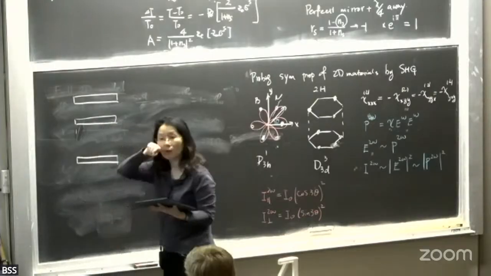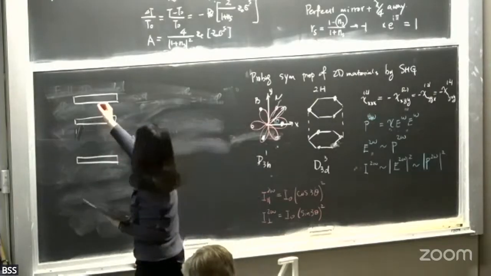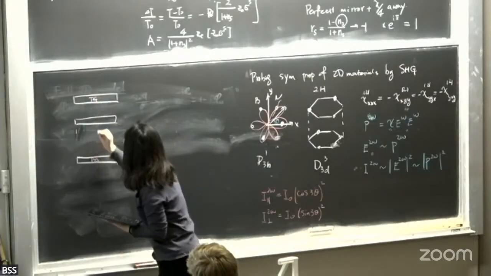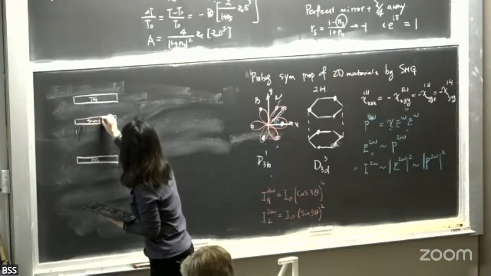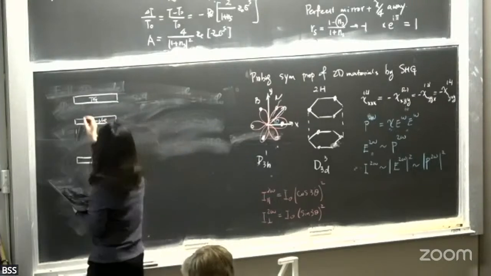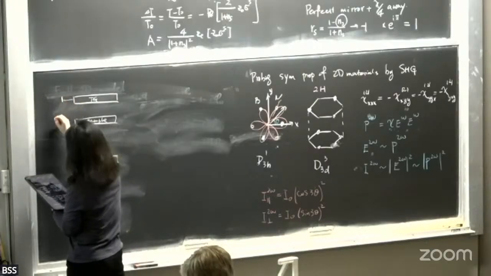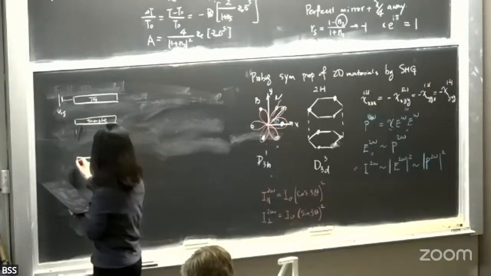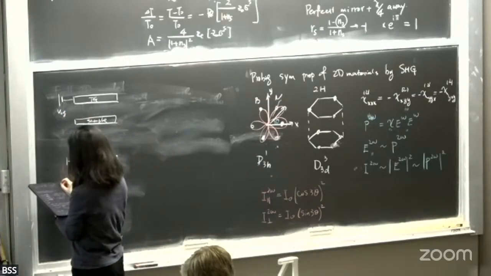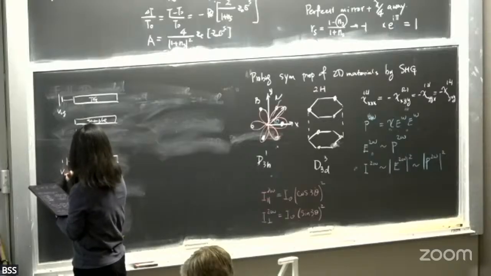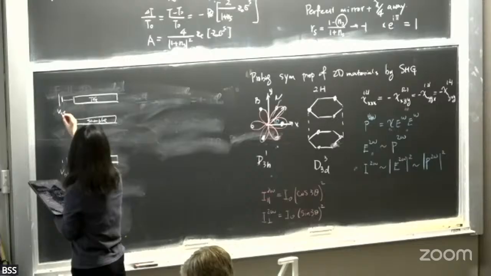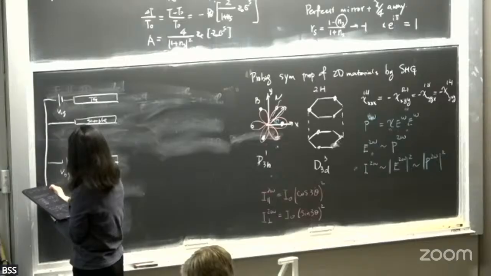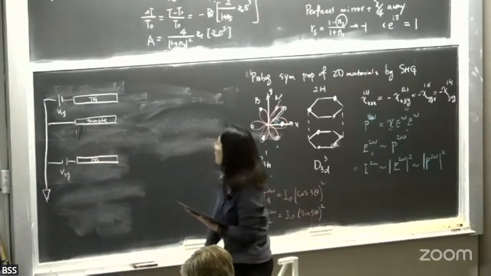So for typical 2D devices, as I already mentioned, you have a top gate and a bottom gate and you have your sample, right? And then you hook up a battery and you apply voltage, for example, top gate voltage and bottom gate voltage, and you can also ground your sample and connect to ground here.